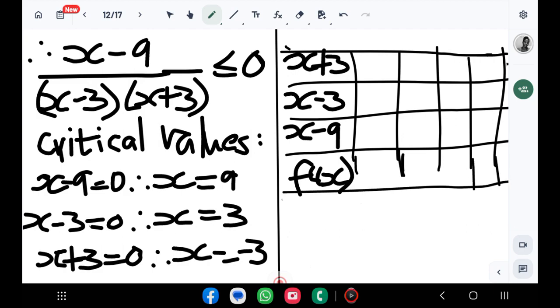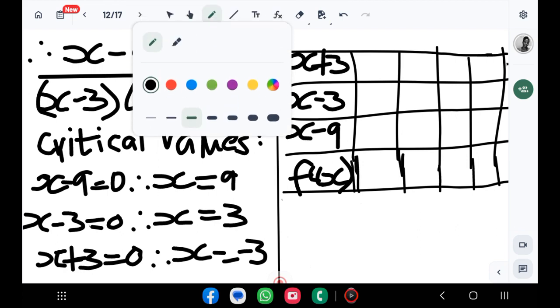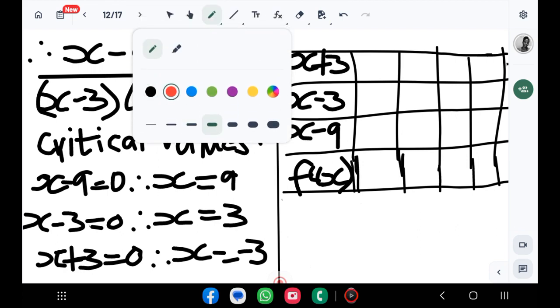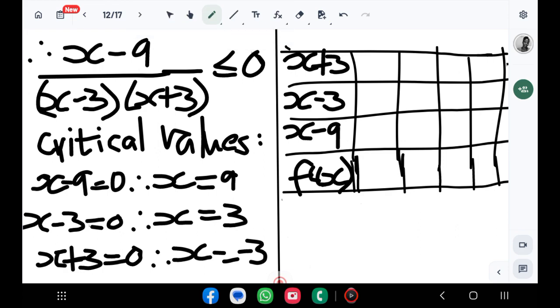Let's find where each of the factors are 0. We've already figured that out. The first one is negative 3, then 3, and then 9. The first one is 0 at negative 3. The second one is 0 at 3. And the last one is 0 at 9.